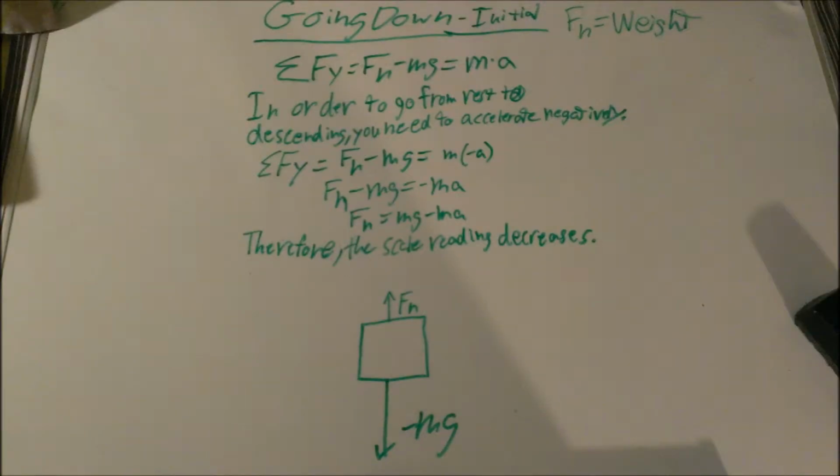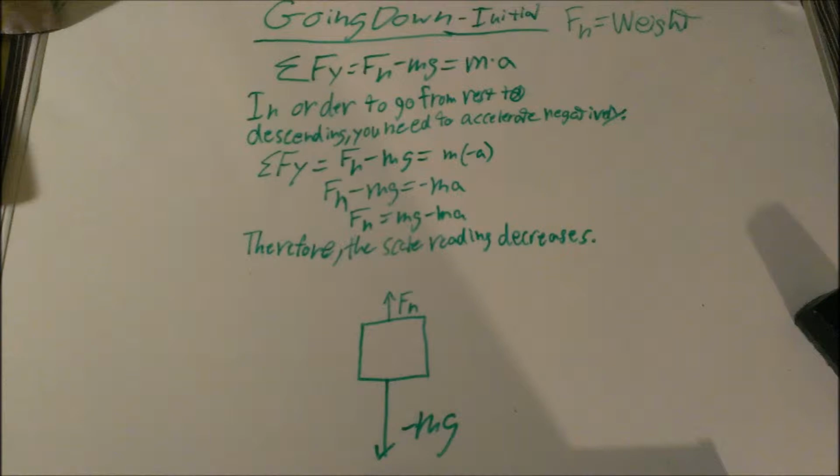So why did the weight go down? Well, the elevator was at rest and it needed to go to a constant negative velocity. So what needed to happen was the elevator needed to accelerate in the negative direction. So we can set up the equation: sum of the forces in the y, or Σ F_y, is equal to Fn, or the top force, plus mg, or the negative downward force, equals negative mass times acceleration.